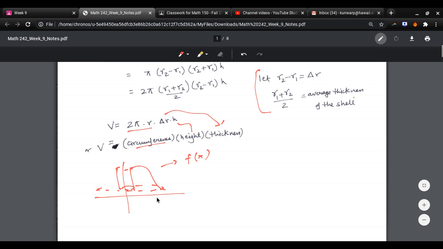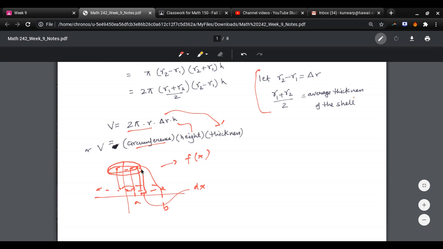And these are the x values, and they go from A to B. If I use the formula, for each of these, that's a shell right there, a tiny shell. This thickness is going to be dx.